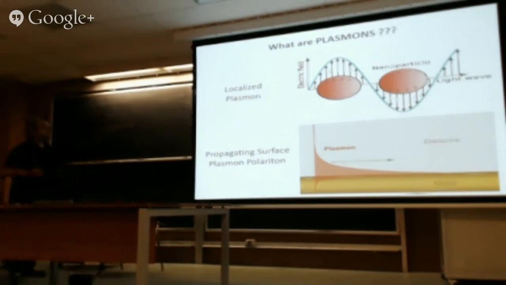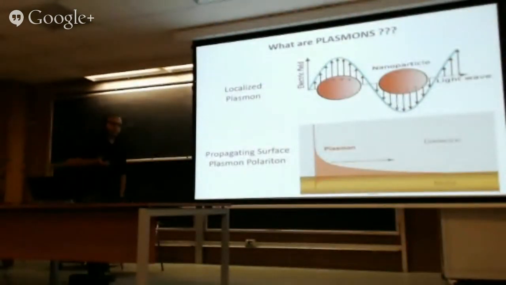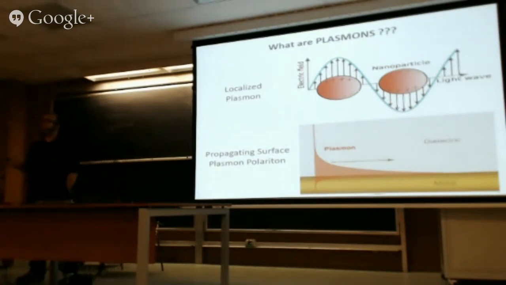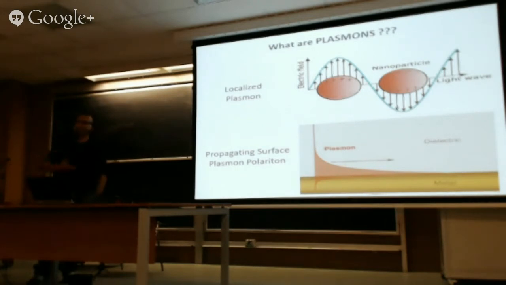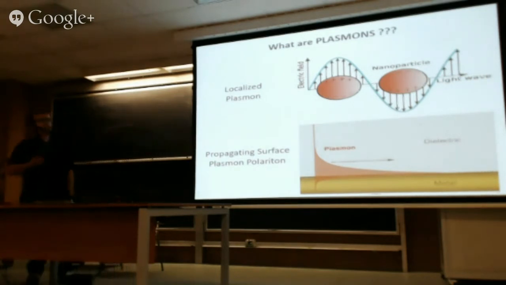What is plasmonics? So plasmons are essentially a coherent excitation of the free electrons that you can find in a metal, when the metal is in touch with a dielectric, and at the surface you impinge with an electric field.